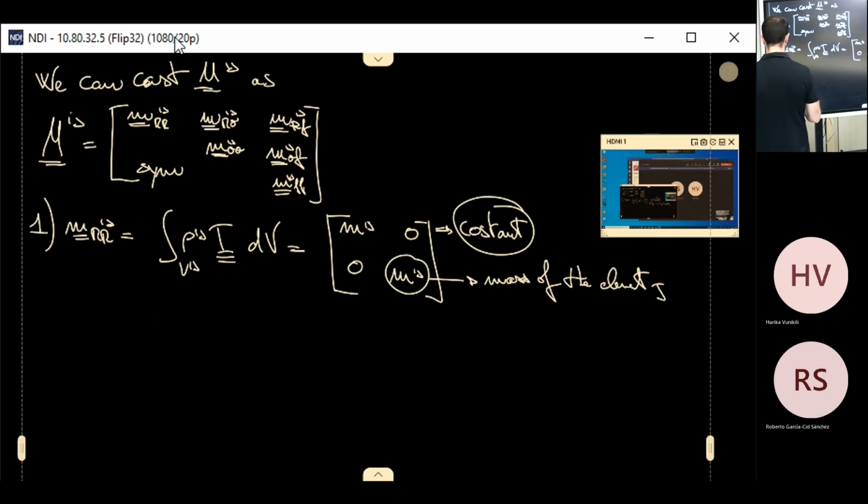Now, let's move to the other matrix, which is constant. We know it's constant. This one, no? We know already. I will not move like this as we usually do because this will serve me later on. Okay, we will save time doing this before.